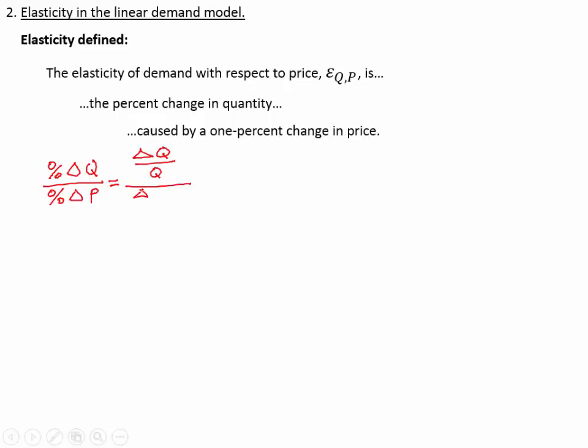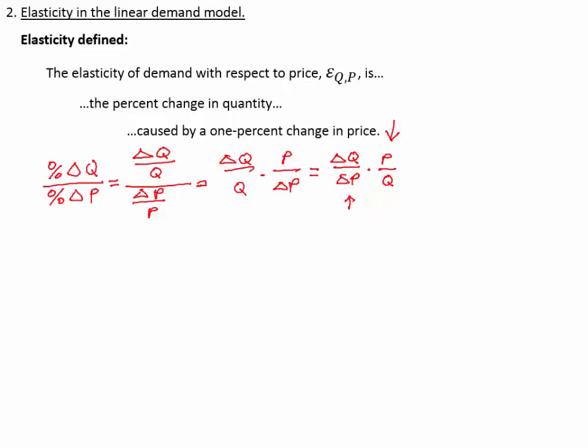So it's delta Q over Q divided by delta P over P. Now we can rearrange terms and we get delta Q over Q times P over delta P, and we can further rearrange to get delta Q over delta P times P over Q. So if you look at this, you see that is simply the change in quantity with respect to price in absolute terms, and then scaling it by the ratio of price and quantity gets it into percentage terms.